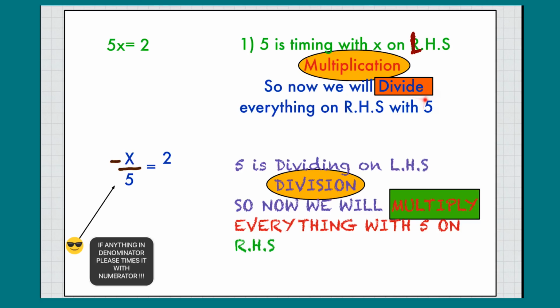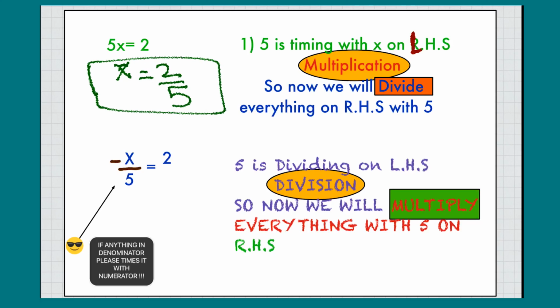Same now when it comes to anything in division form. Here it's x divided by 5. When we have division, we do the opposite, so we will multiply everything on the right hand side by 5. So this one would be x equals 2 times 5.